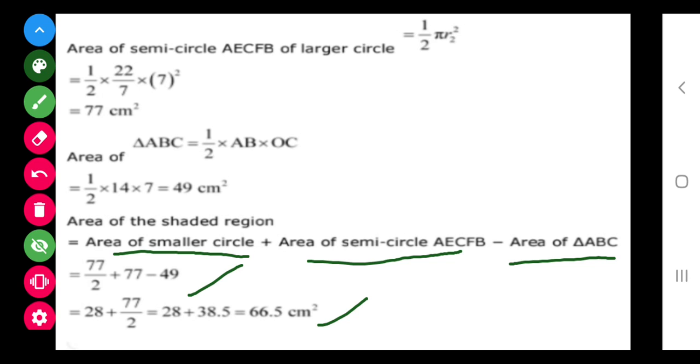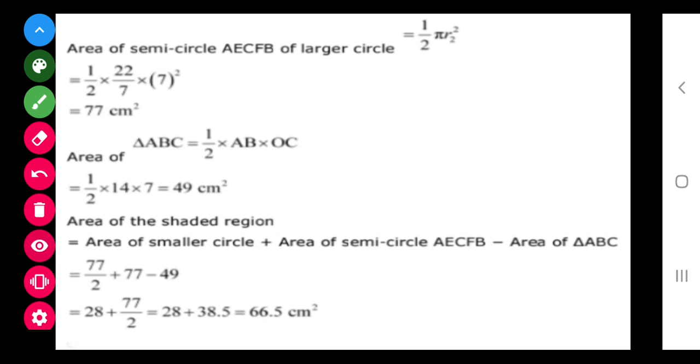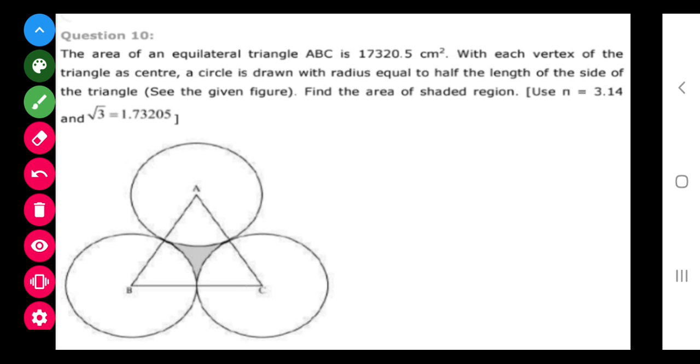Very simple concept in this question. Now next question. Area of equilateral triangle. This equilateral triangle is given. We have to find the area where all the vertices of the triangle are the centers of these three circles. Now it is also given the side. The radius is half of the side.